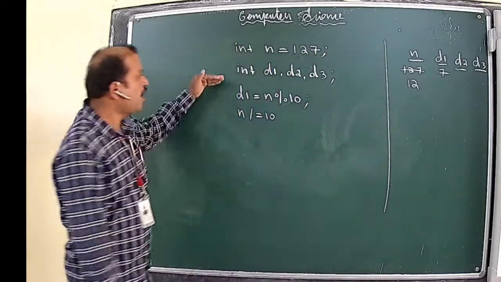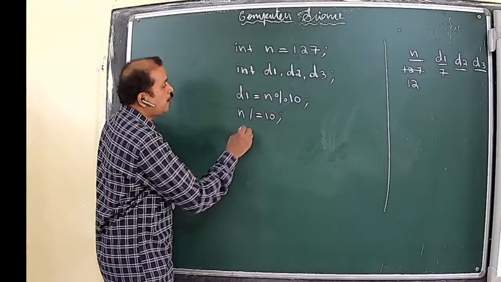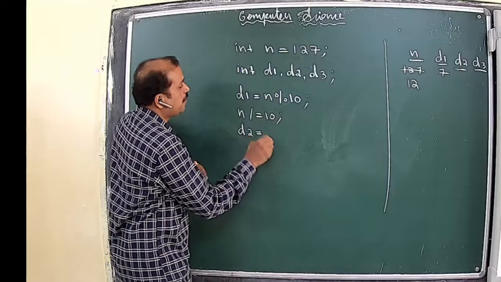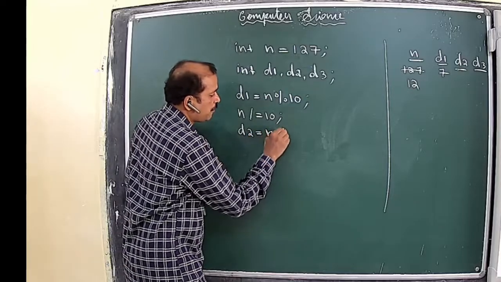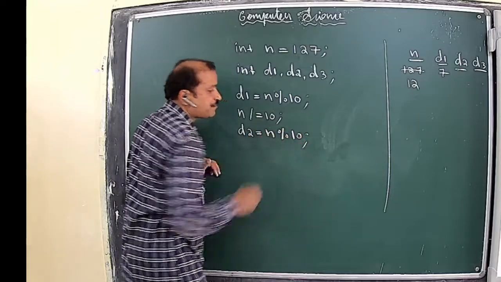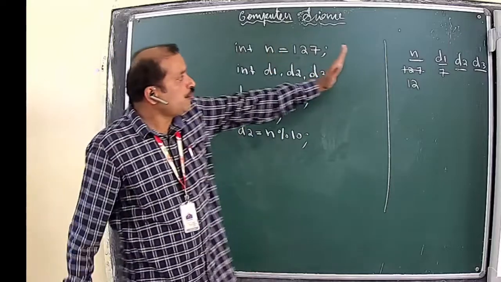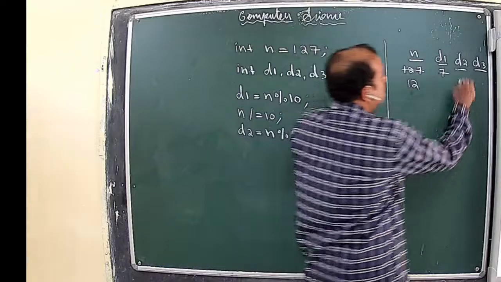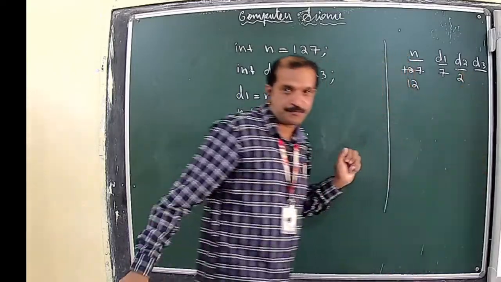And after dividing it, now again we can extract the next digit, D2 equal to n modulus 10. So 12 modulus 10, again the remainder is going to be 2, which will be assigned to D2.